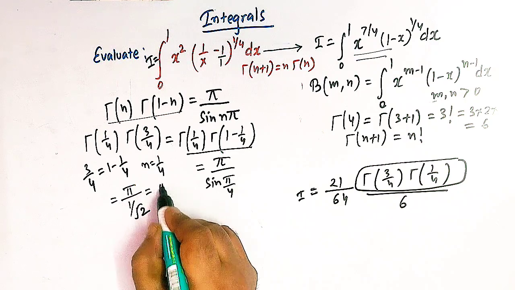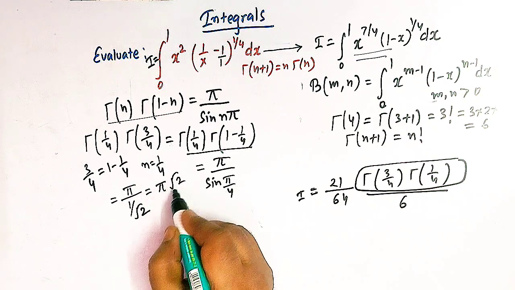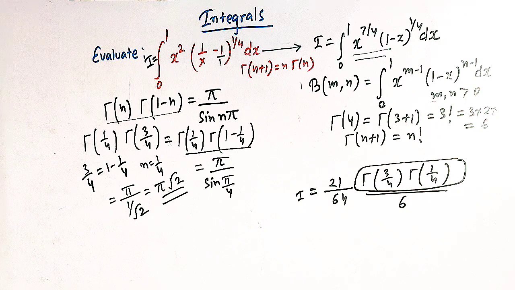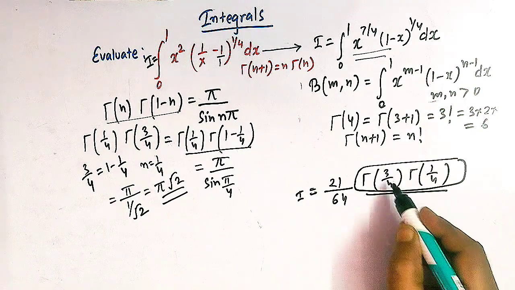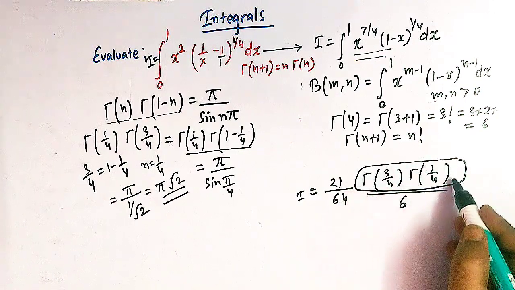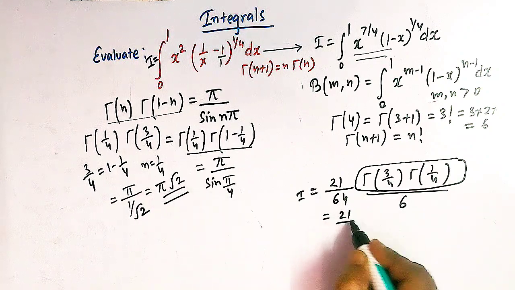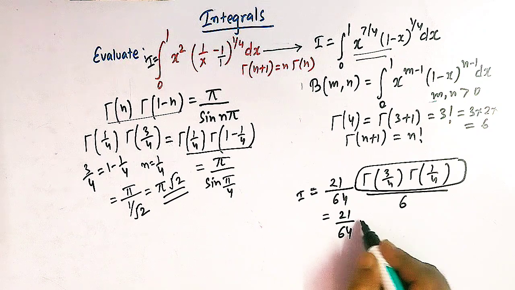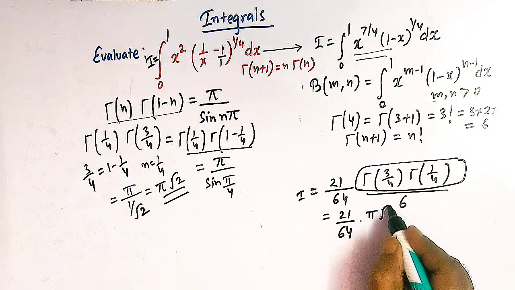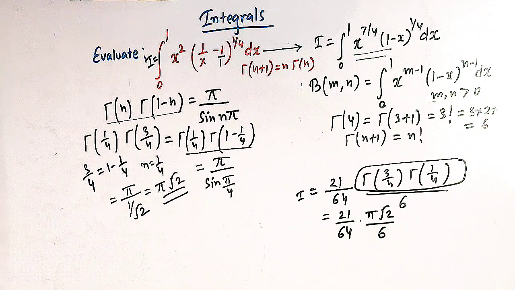So this is now equal to pi times square root of 2. So now we can replace this expression by pi times square root of 2. So we have 21 over 64, and here we have pi root 2 over 6, right?